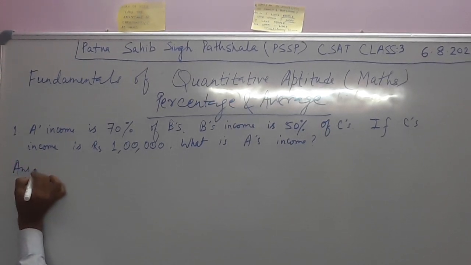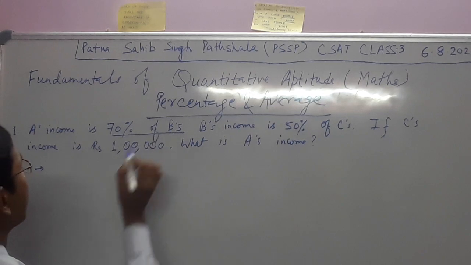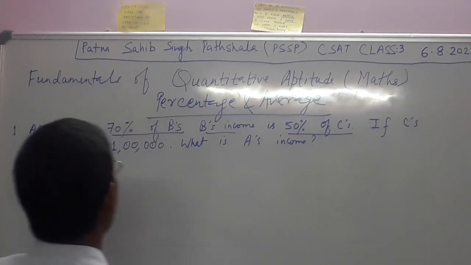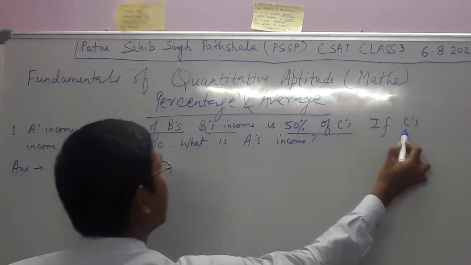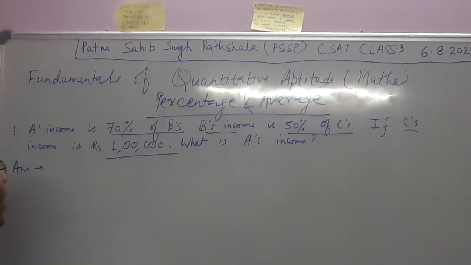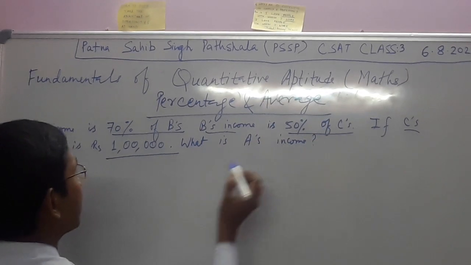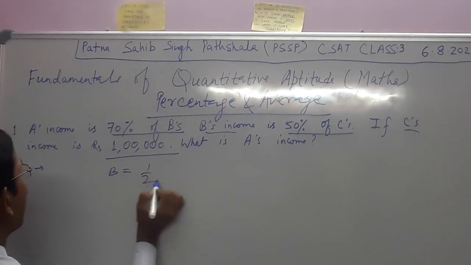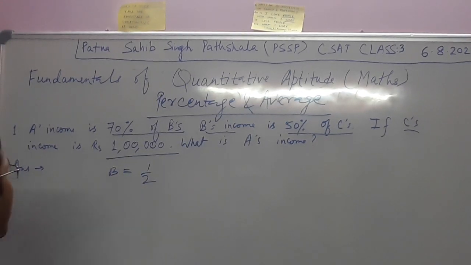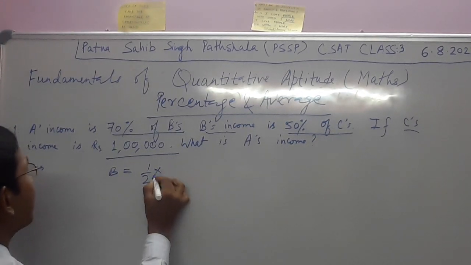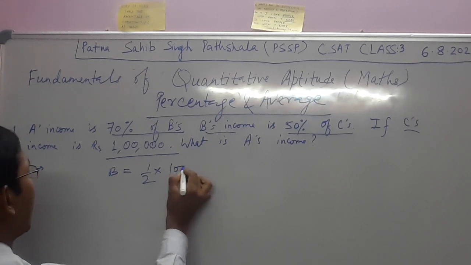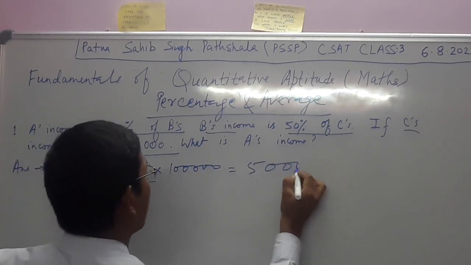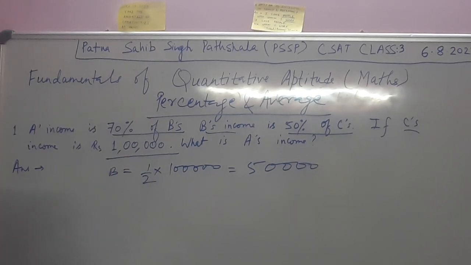So how to do this? A's income is 70% of B's income and B's income is 50% of C's income, and C's income is 1 lakh. 50% means half, so B's income is half of C's income, that is 50,000.